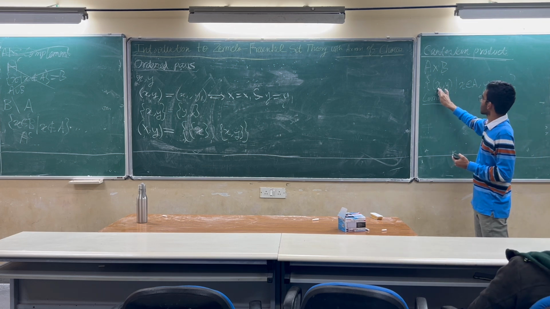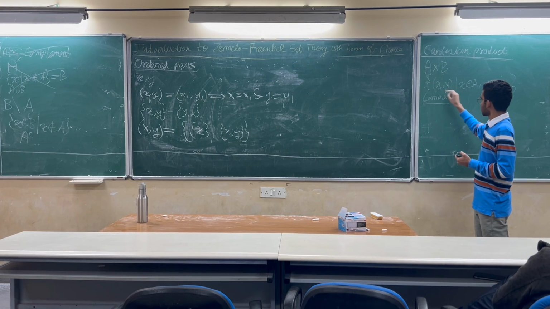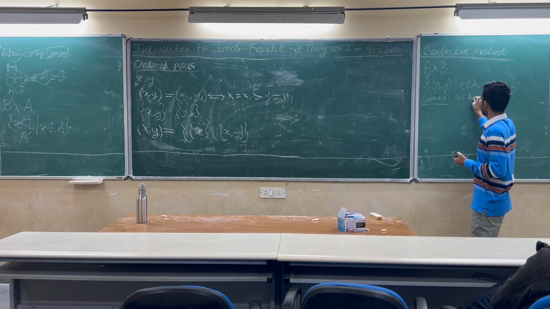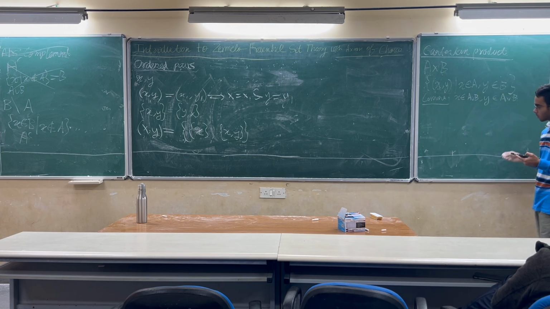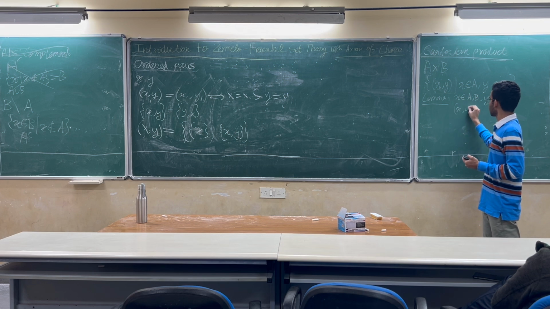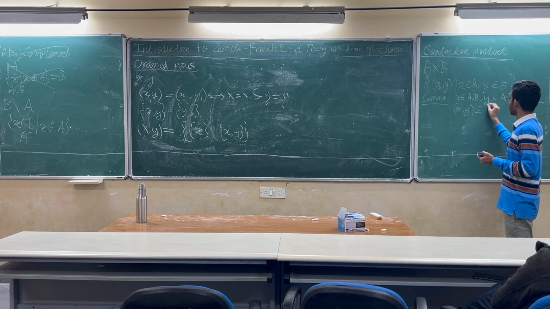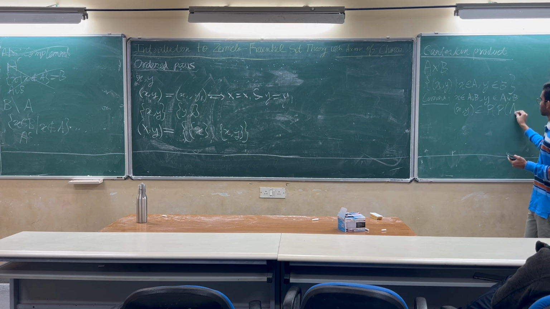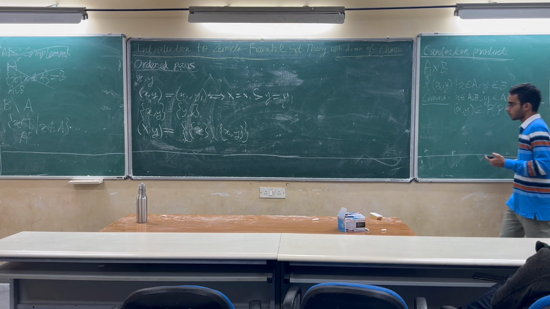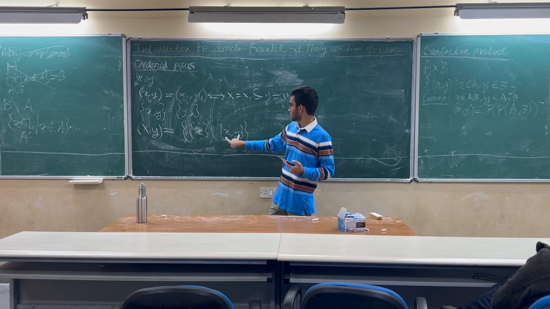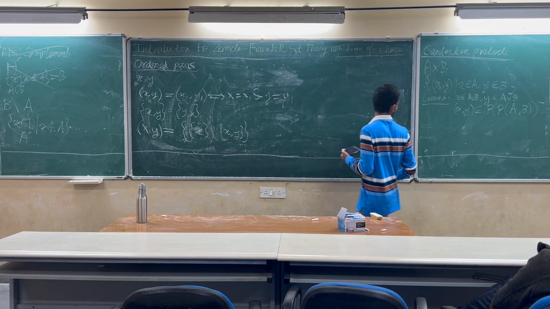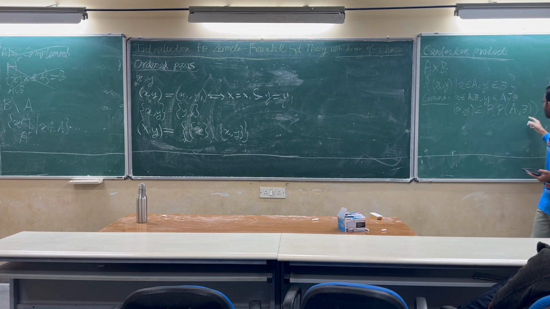We already know that because x is in A and y is in B, x belongs to A union B and y also belongs to A union B. So with a bit of simple manipulation, you can check that this ordered pair actually belongs to the power set of A union B. Because this is a set of two sets, where this is a subset of A union B and this is also a subset of A union B. You can just write it down and check that this property is satisfied.